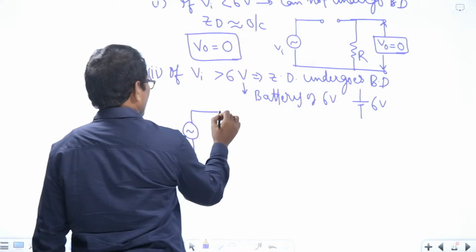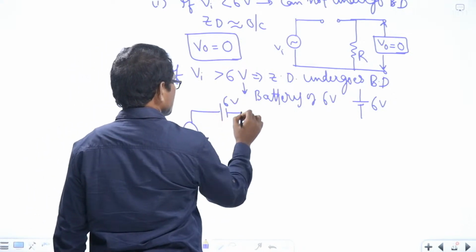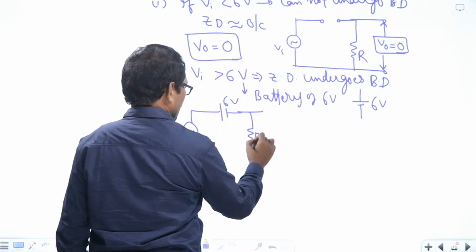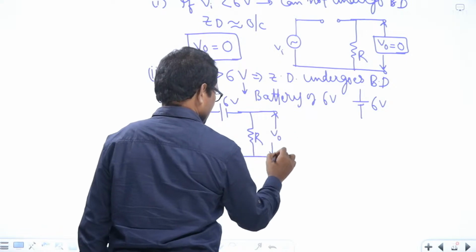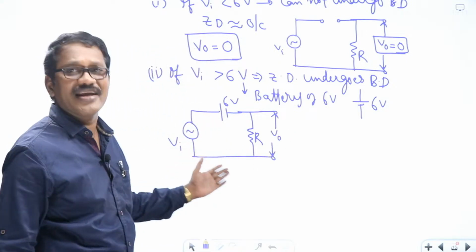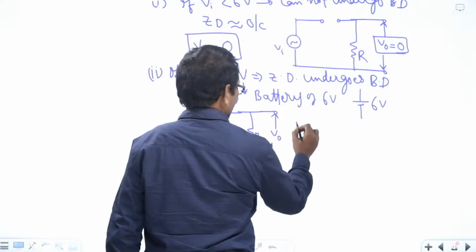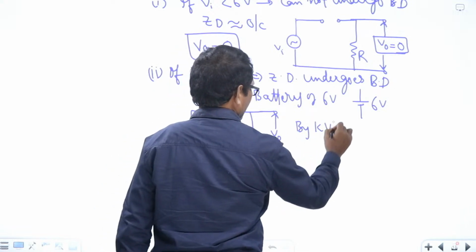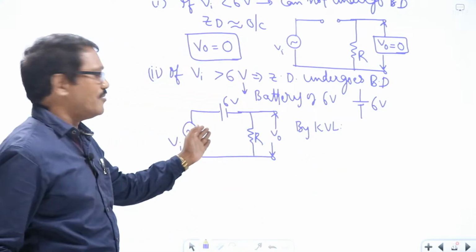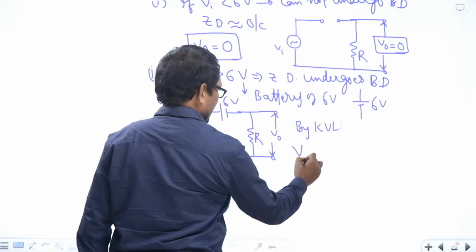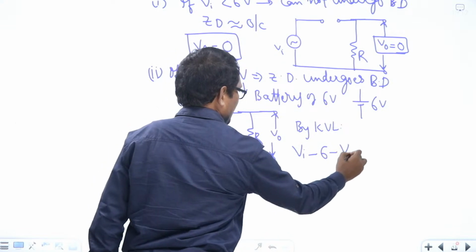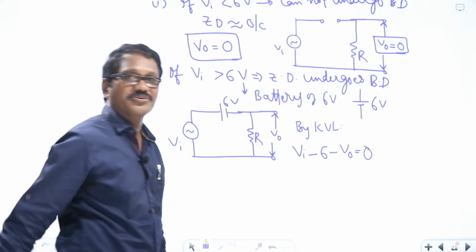VA, a battery of 6 volts, and V0. Just by applying KVL, what you will get? VA minus 6 minus V0 is equal to 0.